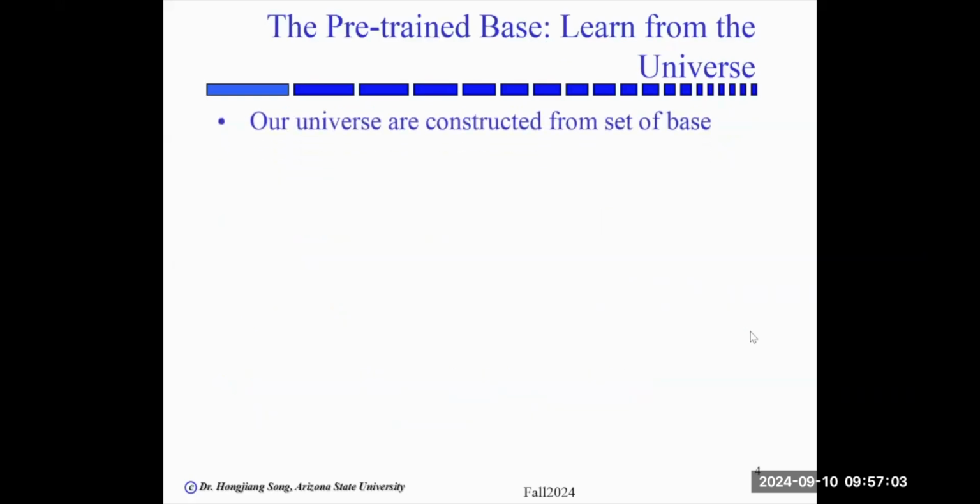So now let's look into what we can learn from this principle. First, our universe can be constructed from a small set of bases. Here are some examples. If you look at the city, it consists of a set of elements like house, car, street, store, and so on.